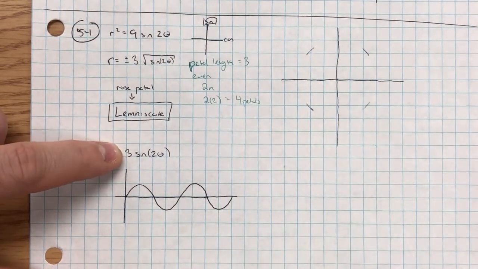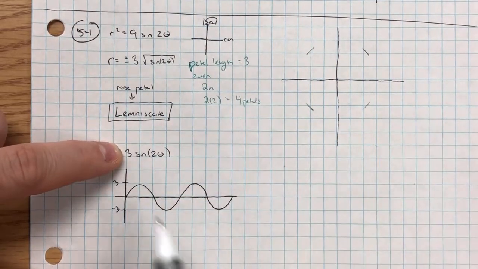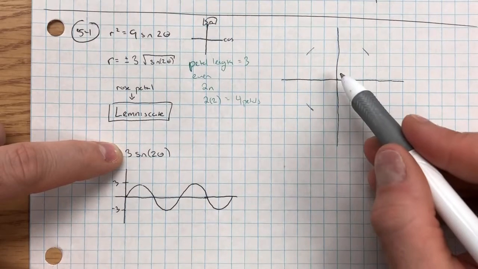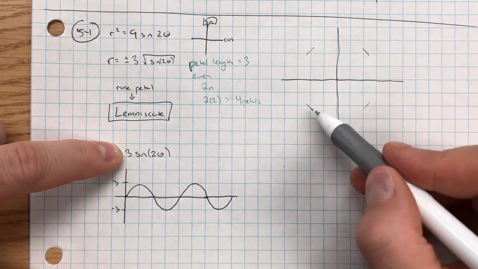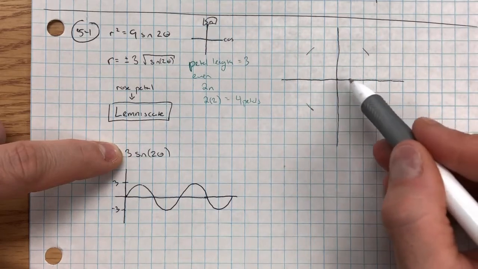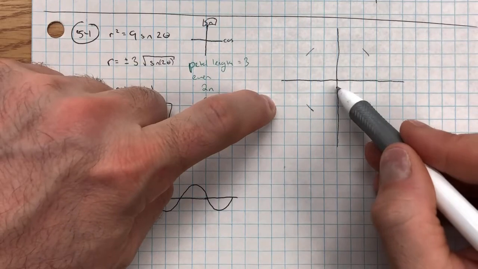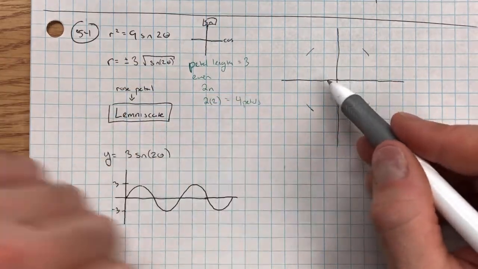Let's set that up. Okay. So that has a distance of 3 and -3, which is going to be the radius of this graph. It's going to be going positive, negative, positive, and for the second loop, it's going to be negative. For the third loop, it's going to be positive, and for the fourth loop, it's going to be negative.